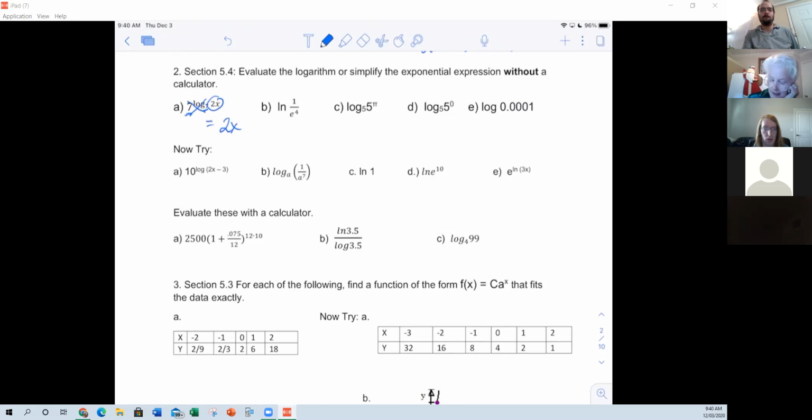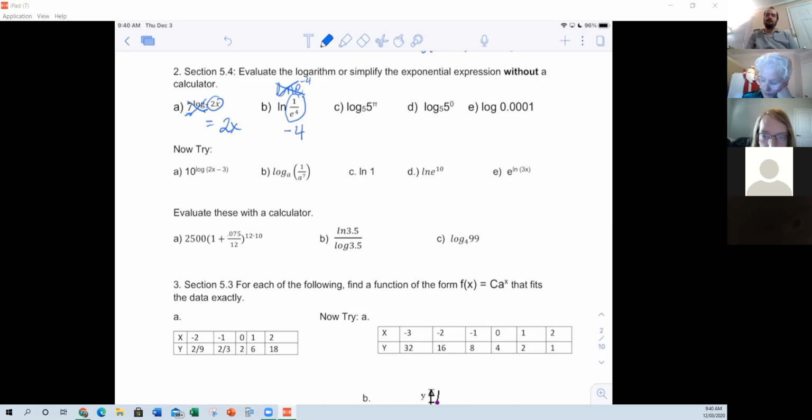If you have an ln and an e right next to each other, the ln and the e undo each other. But in this case, because this is 1 over e to the 4th, it will be negative 4, because ln of 1 over e to the 4th is the same thing as ln e to the negative 4th. And the ln and the e cancel each other out.